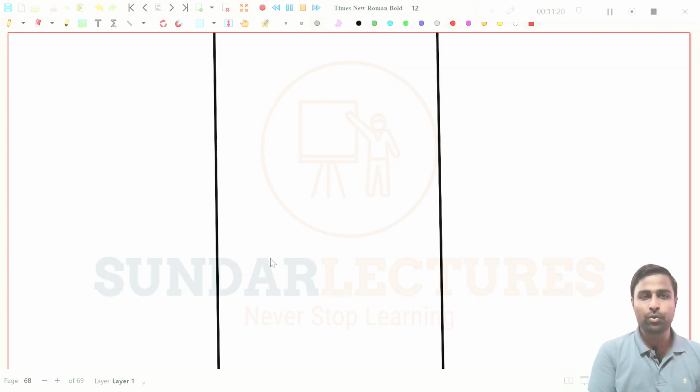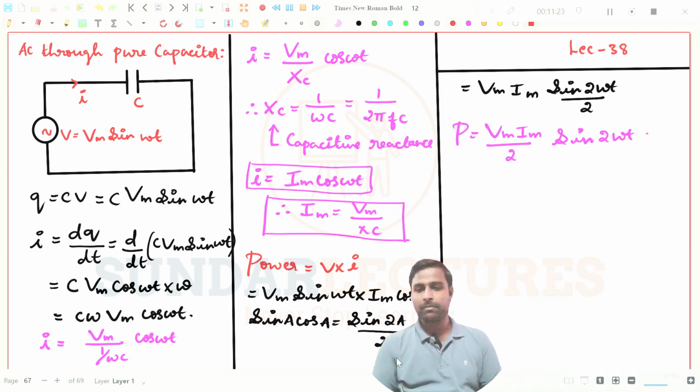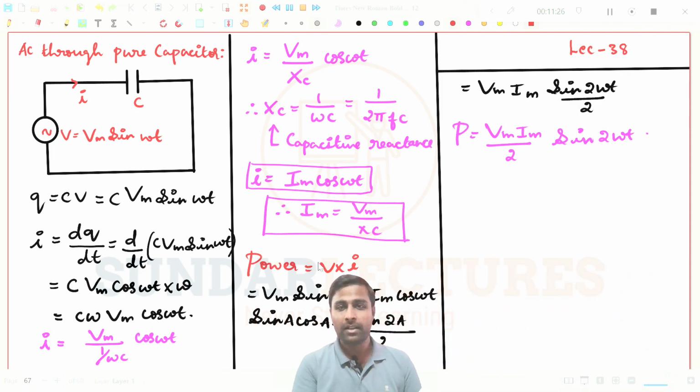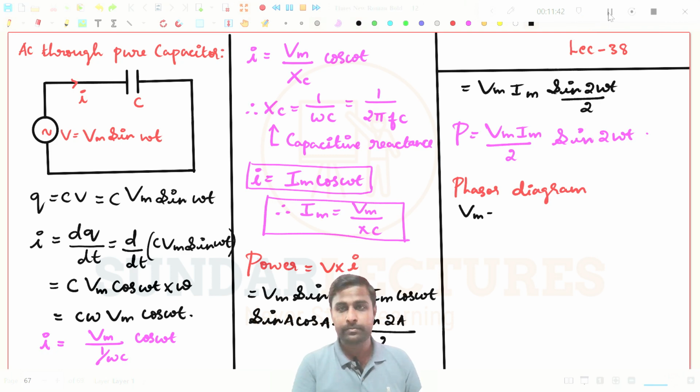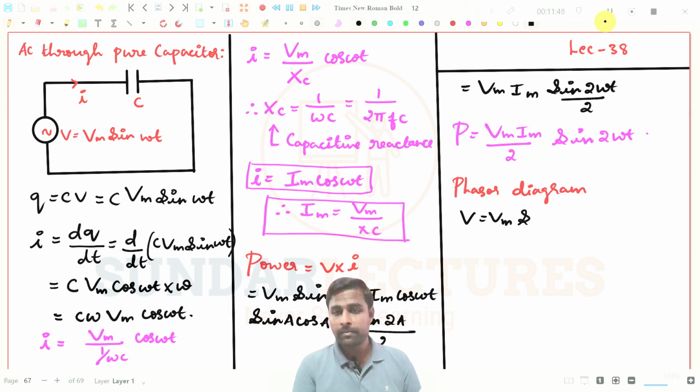Now what we do, we try to draw the phasor diagram. How will you draw the phasor diagram? First I will write what is V. V will be equal to Vm sin omega t, and I will be equal to Im cos omega t.